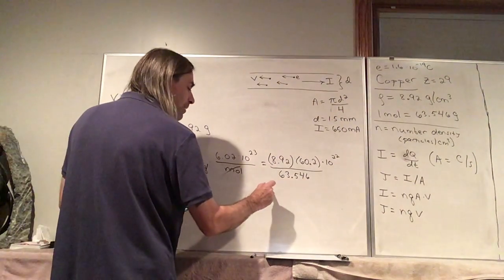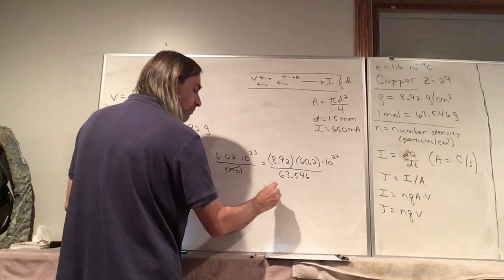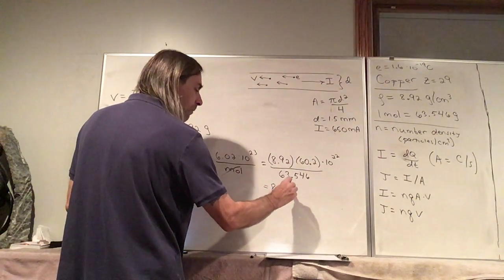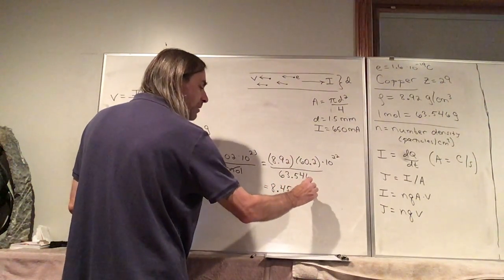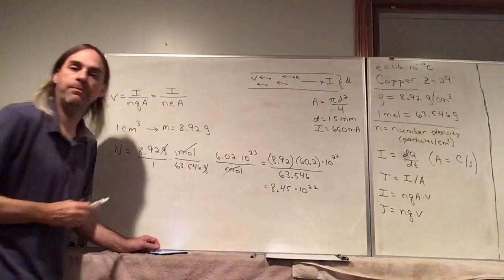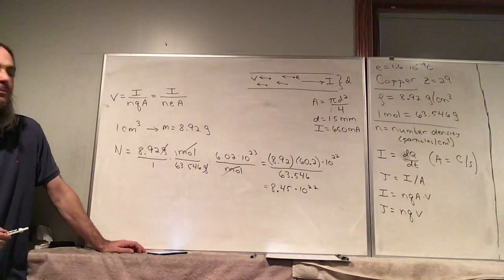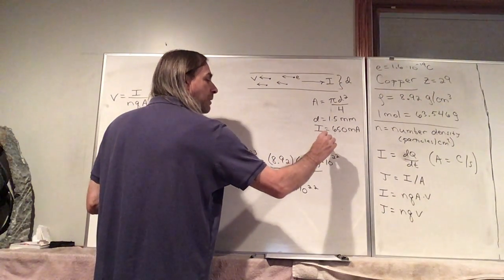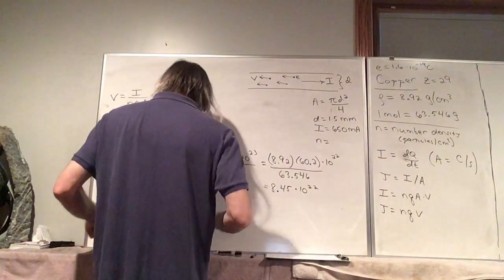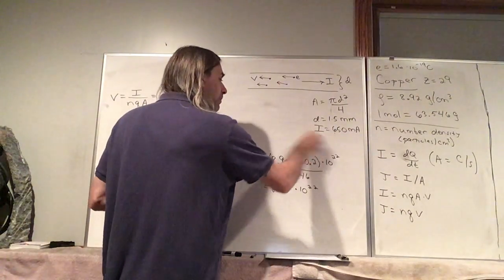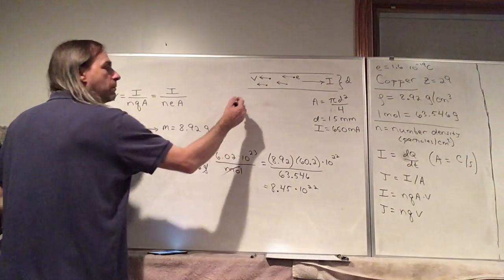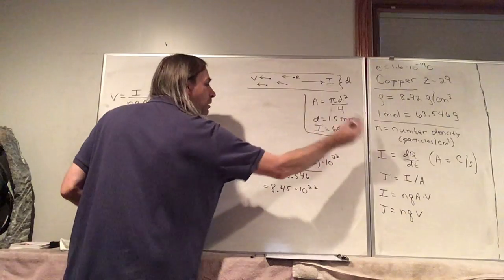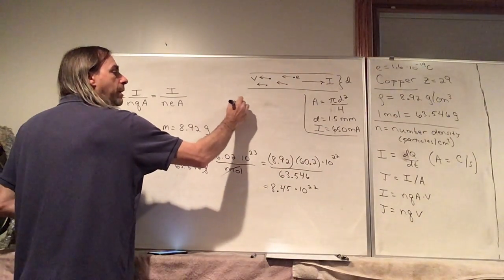I'm getting 8.45 times 10 to the 22nd power. And so for copper, the number density of conducting electrons, I don't think I can fit that here. Let's write it here. This was given information. This is something we calculated.